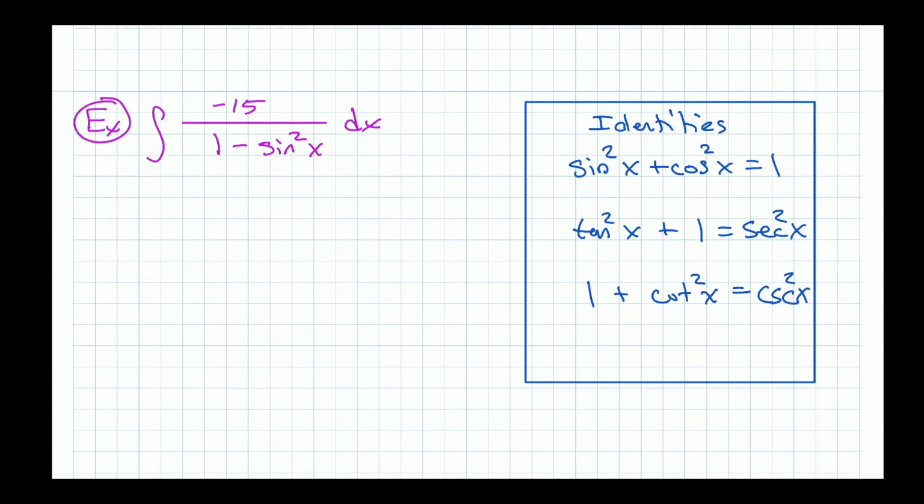What they are getting at here is that if you take the first identity and move the sine squared to the other side, it says cosine squared x is 1 minus sine squared x. So they want you to realize that this has an identity involved, and you apply the identity.